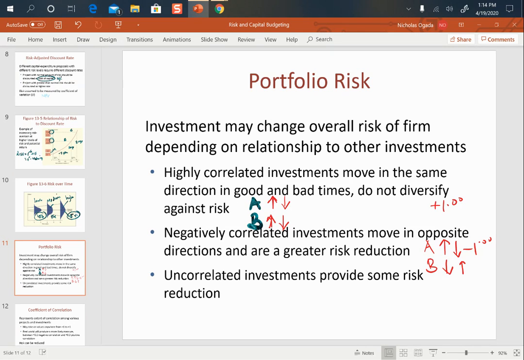In that case, you're trying to eliminate the risk, right? And again, it's not really possible, but you would eliminate the risk in totality by choosing two perfectly negatively correlated assets or investments. So what you want to do is to try to reduce the risk.